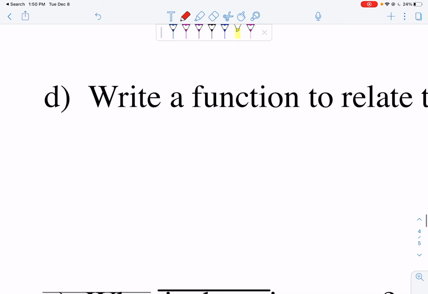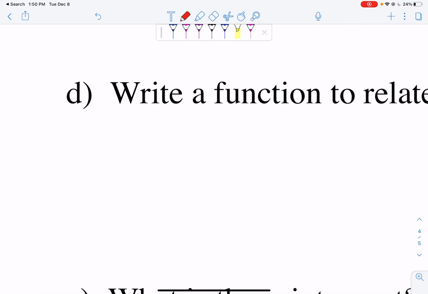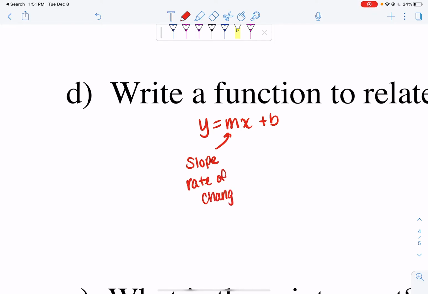Well, this whole unit's about linear functions, so before we even go into that A and H nonsense, I'm going to first write down y equals mx plus b, where m is our slope, or our rate of change, and b is our y-intercept, or our start point.